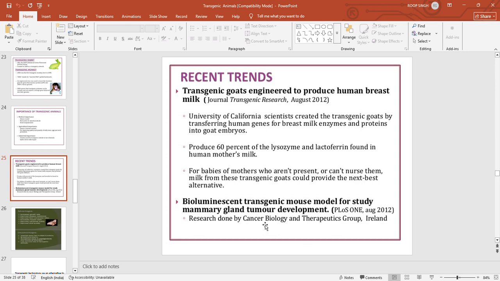So it's very similar to human breast milk. This is useful for babies whose mothers are not present or can't nurse them. Milk from these transgenic goats provides the next best alternative, because it will have important proteins from human breast milk.